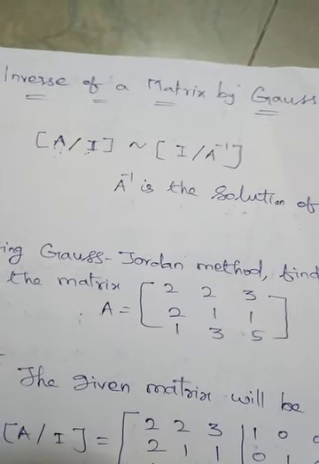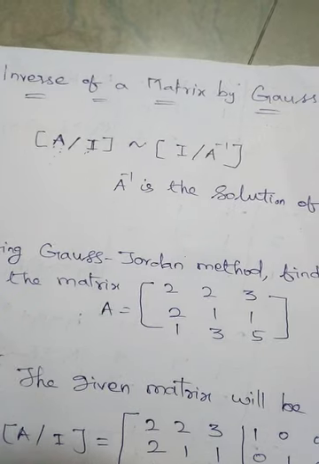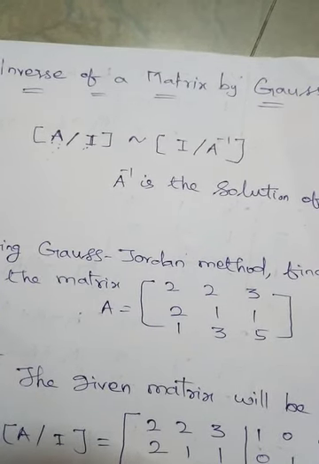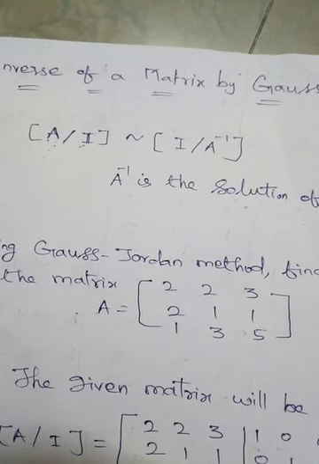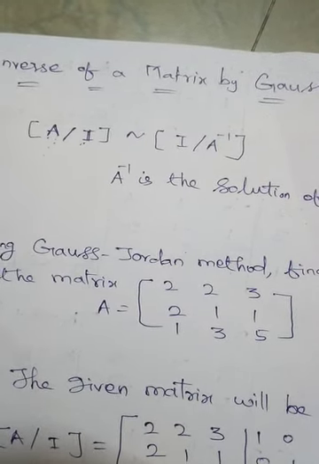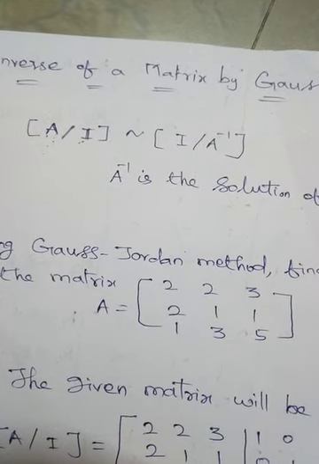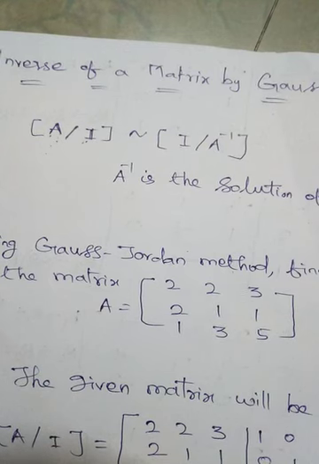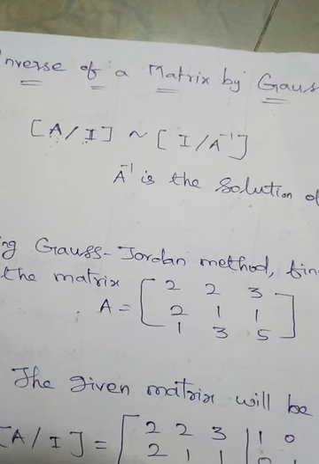It means lower and upper triangular. So we convert the given matrix into lower and upper triangular form, and only 1 is allowed on the diagonal. So it is called the identity matrix. We will see later.